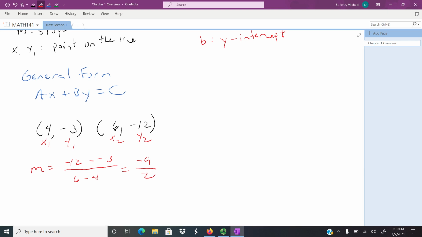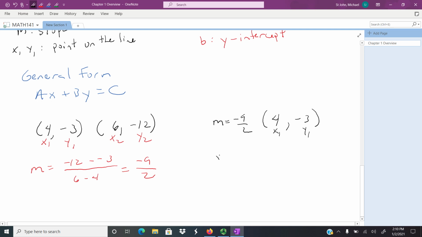So let's write my equation in point-slope form. We have our slope, which we got, and we could then take our point, which was the 4. So m is minus 9/2, and we have this point. This is my x1, this is my y1.